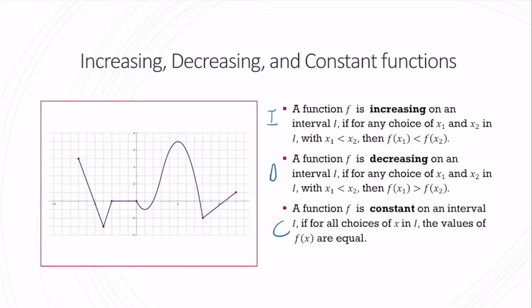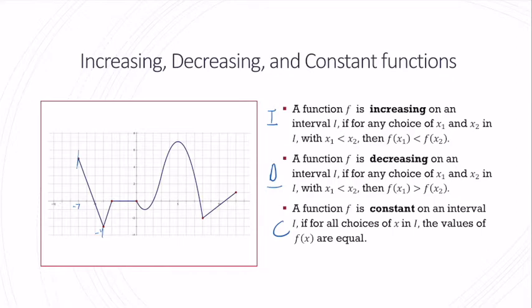So this is 1, 2, 3, 4, 5. Okay, so it's counting by ones. So from the interval when x is negative 7 to negative 4, on this interval is where my function is decreasing.